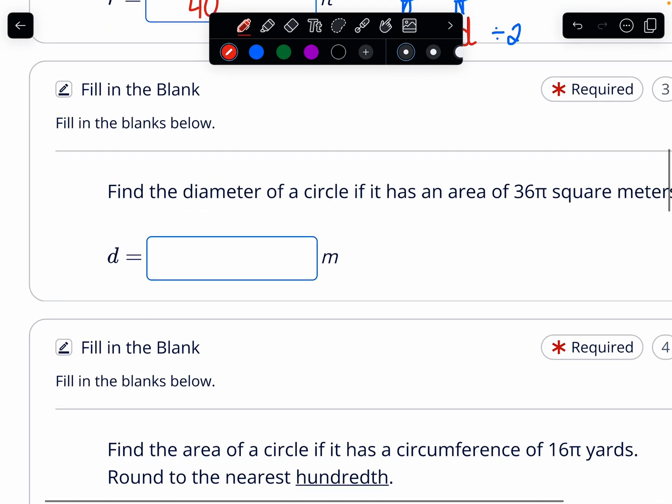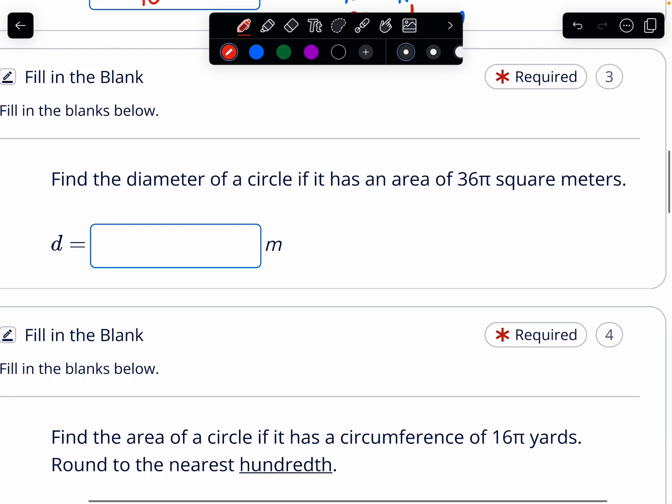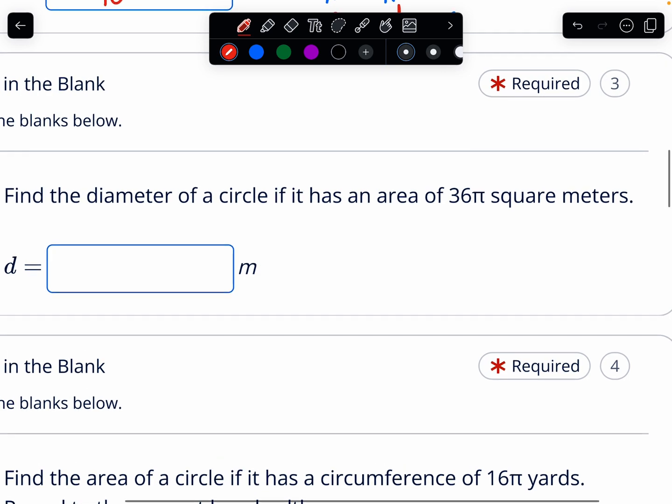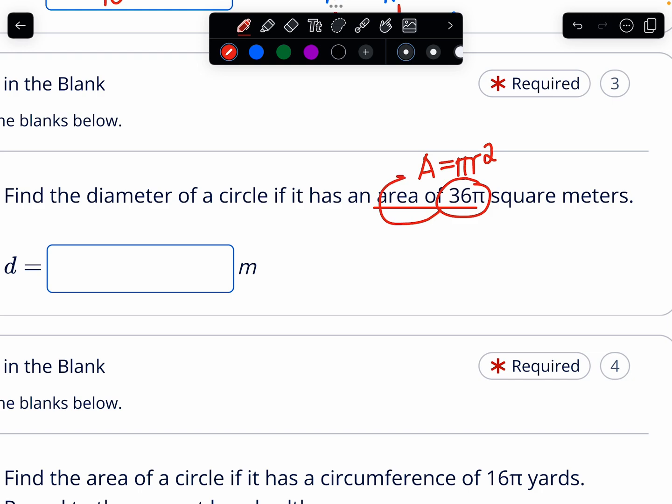The next one says, find the diameter of a circle if it has an area of 36 pi square meters. So they've switched it up and they've given us the area. Now the area formula of a circle is A equals pi r squared. So because the area is 36 pi, we can plug that in for the A in our formula, and we'll get this: 36 pi equals pi r squared.